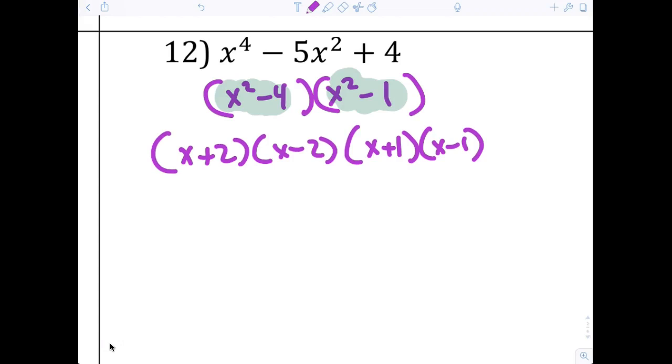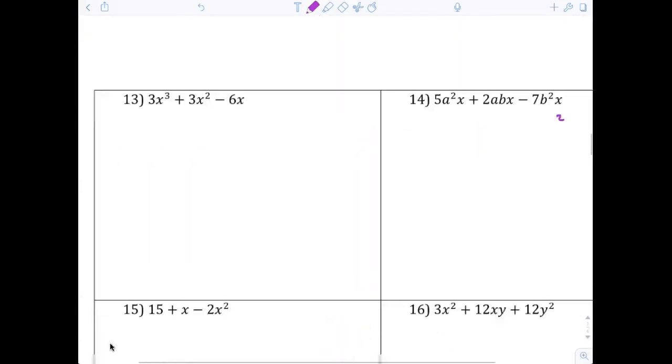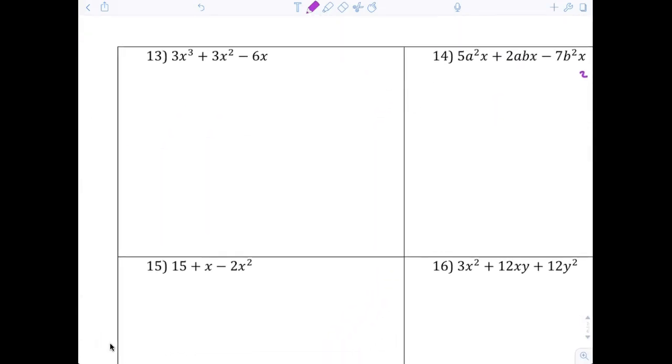All right, so here we go. Let's take a look now at 13. GCF, what's common? 3x. We're left with x squared plus x minus 2. x and x.